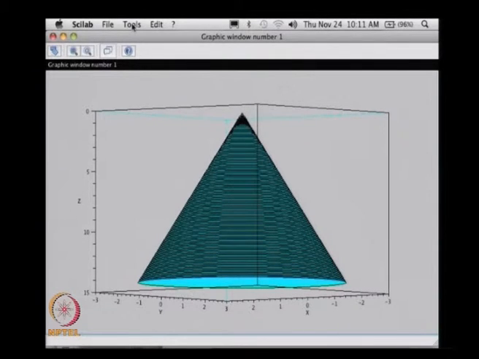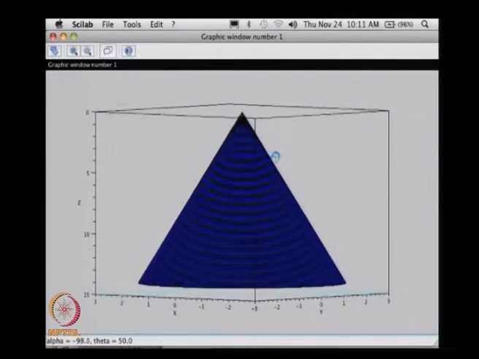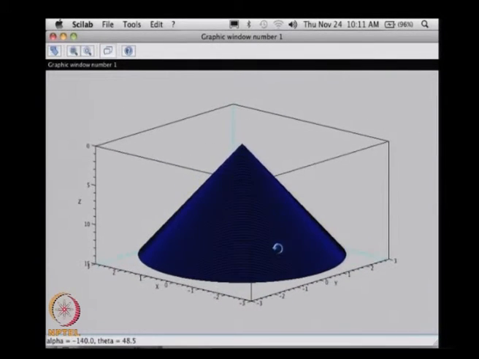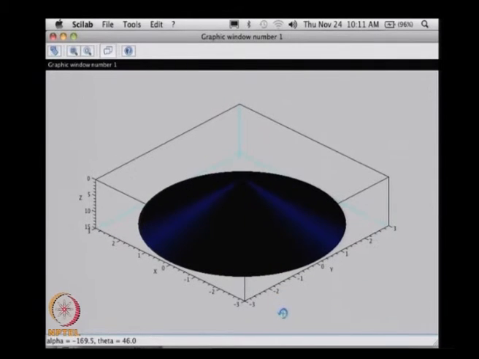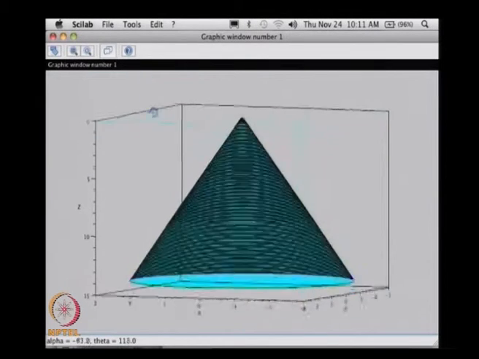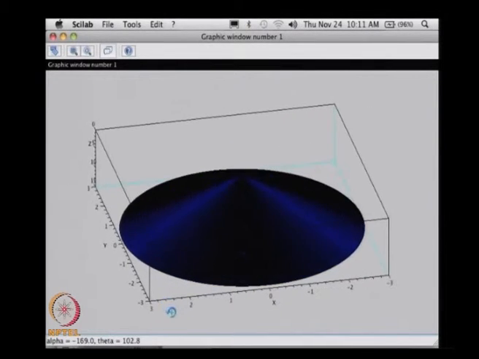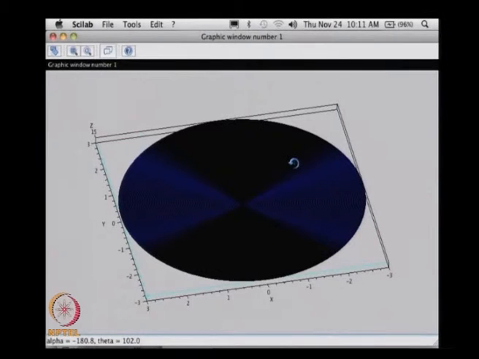So let us look at this from, say, the top. If I want to look at this from the top, what do you think we will see? You should sort of guess by now, right? What do we see here? It's again just a circle.